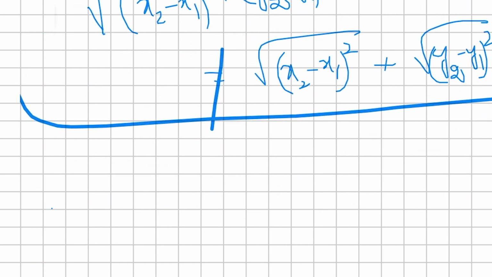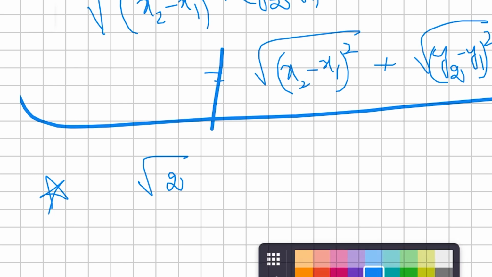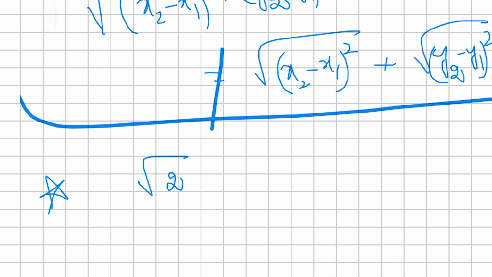So let's say a student is trying to find the value of square root of 1 plus 1. He has written square root of 1 plus square root of 1. Square root of 1 is 1. So this is 2.